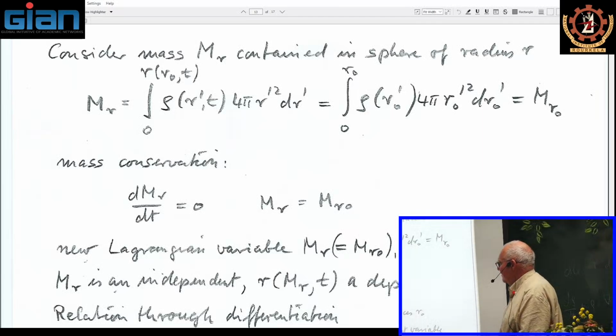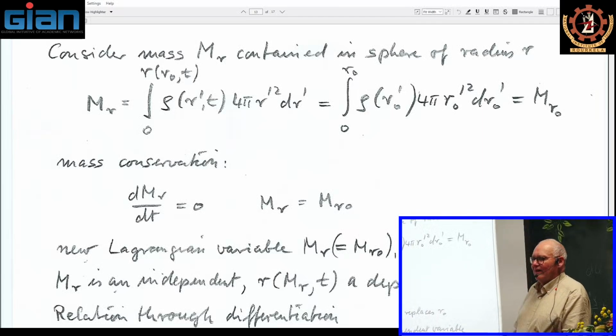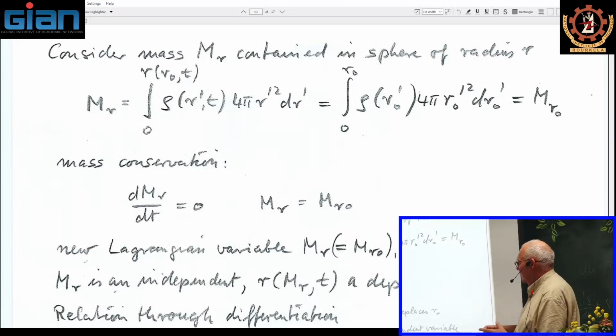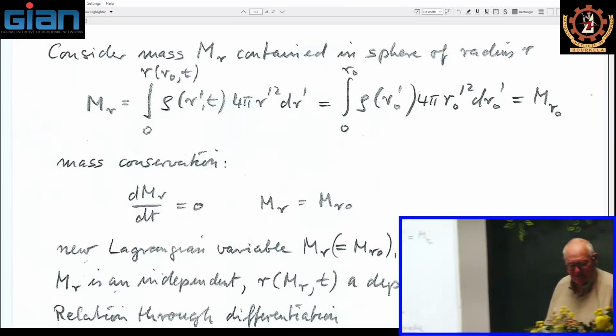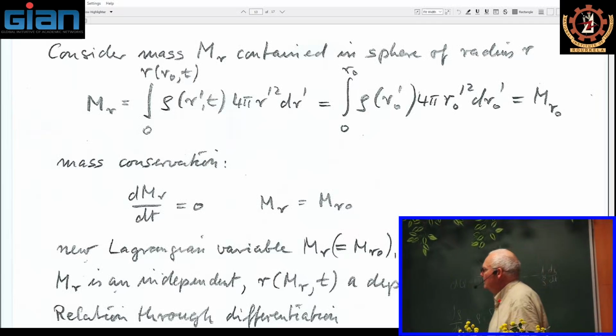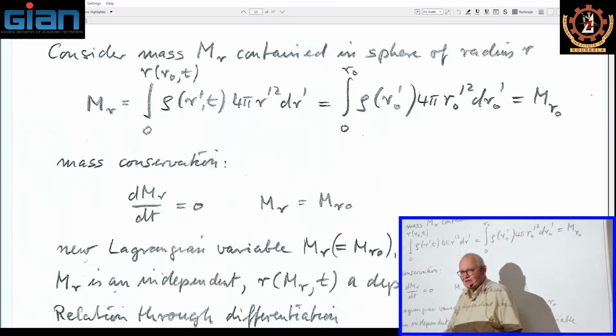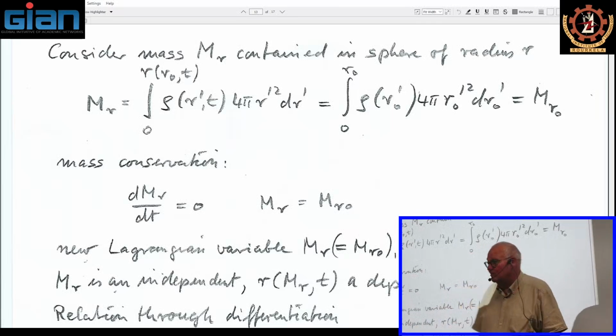Okay, there is actually a differential relation between the Lagrangian dependent variable r and the Lagrangian independent variable M(r), obtained simply by differentiating this integral with respect to the radius.